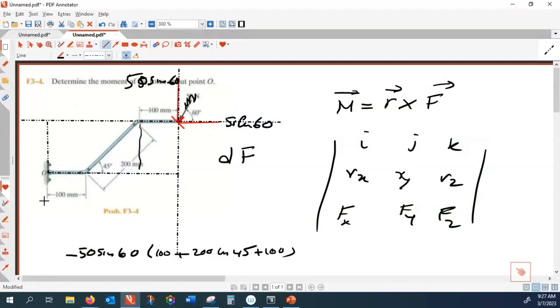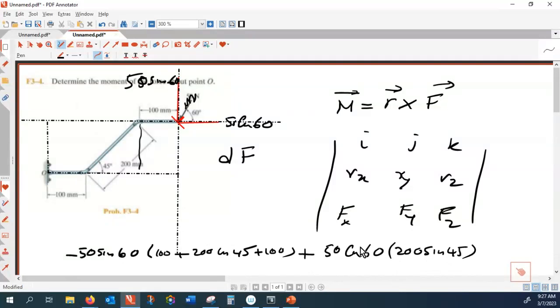So is this going to rotate my system clockwise or counterclockwise? Counterclockwise. Counterclockwise is positive. So the rotation due to the horizontal is plus 50 cos 60, and the arm of rotation, that is 200 sine 45.